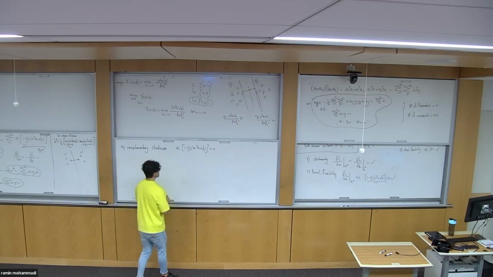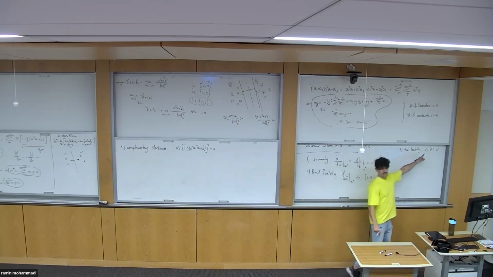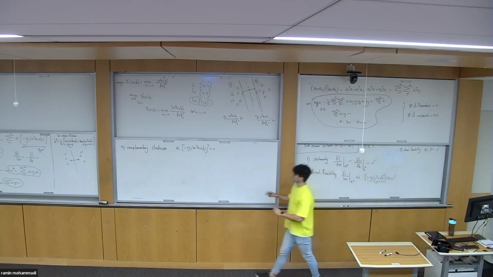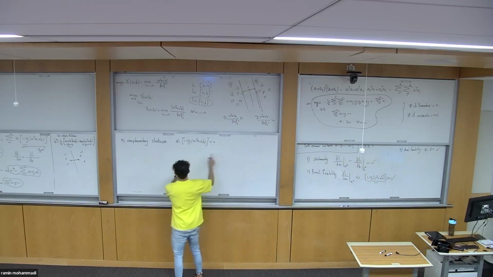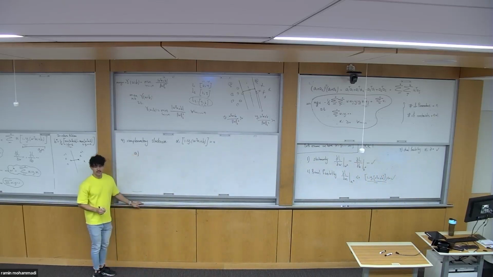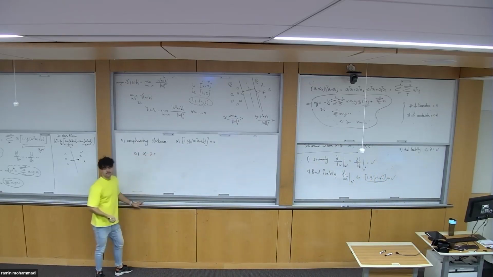So we know two things. We know alpha is greater than or equal to 0. We know the constraint is less than or equal to 0, right? So let's say scenario A. What if the alpha that we found is positive?